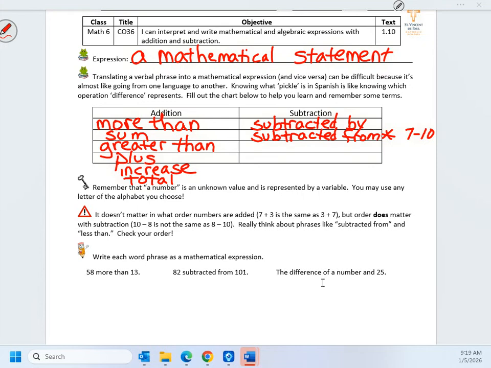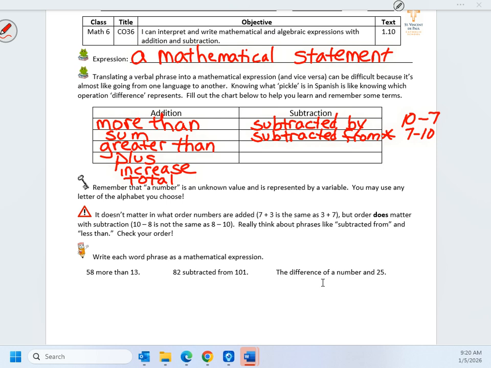We have to put that 7 first because we have to take 10 away from it. But if I say 10 subtracted by 7, we put that 10 first. So I'm putting this little star by the subtracted from, I want you to put a star next to that one because it's a reminder for us that's the one where we have to put the second number first.